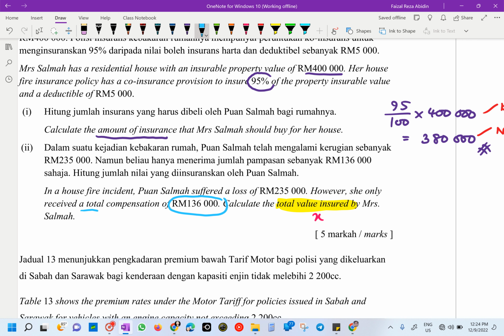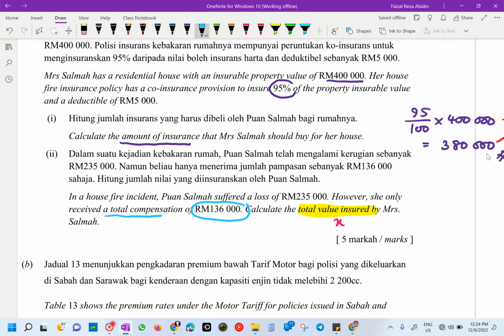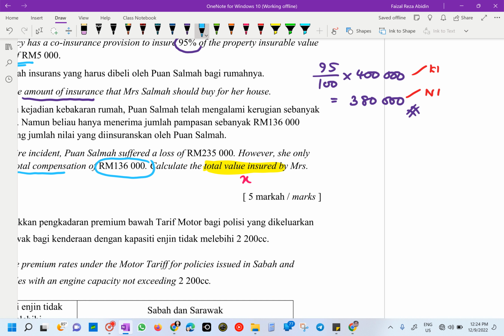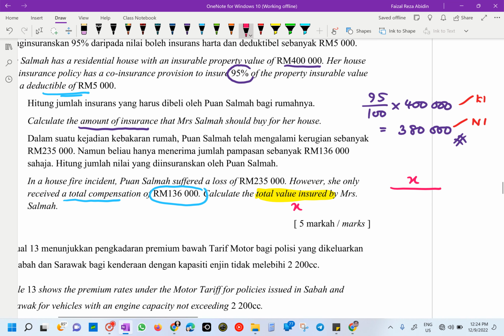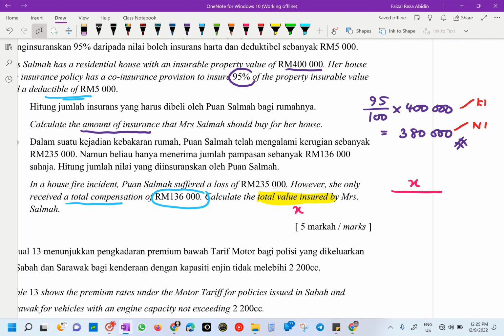This is her compensation, isn't it? So how are we going to get 136,000 after we deduct the deductible? That's why we have a deductible, isn't it? So I have to subtract. Our total value insured, which I don't have, I'm going to put as X, over the amount of insurance that Mrs. Salma bought, which we just found is 380,000.